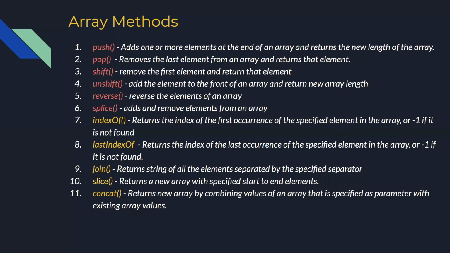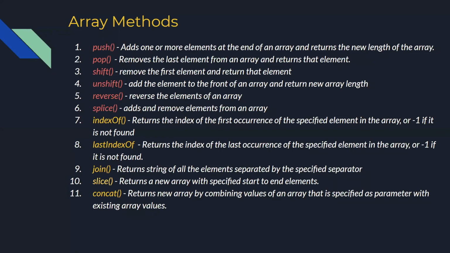Similarly, if we want to add and remove an element at the front of the array, we'll use shift and unshift. Shift removes the first element from the array and returns that element, and unshift adds an element to the front of the array and returns the new array length. Then there is a reverse method.